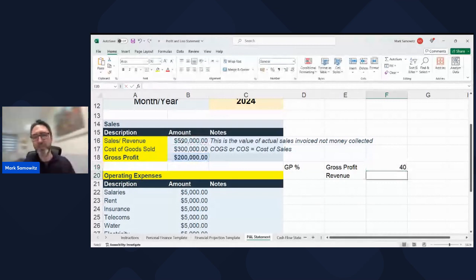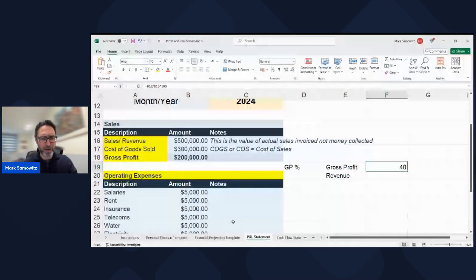So 40% GP percentage or GP margin is what we have in this sample P&L that we're looking at. So that is an important metric to measure on the P&L. Your GP percentage. What percentage is your gross profit margin of total sales?